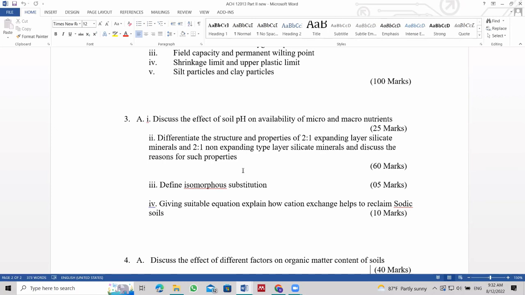What are the macronutrients and what are the micronutrients? Studied or not? Yes? Didn't you study this? Soil pH and the effect of soil pH.